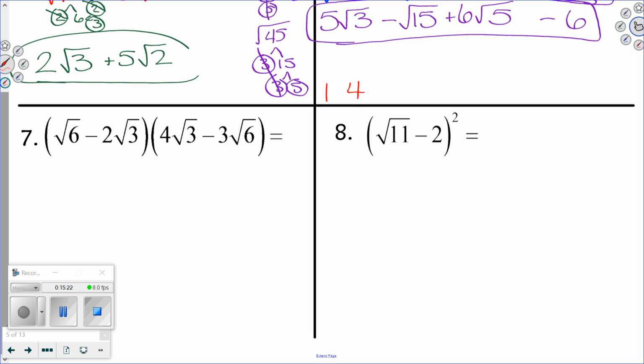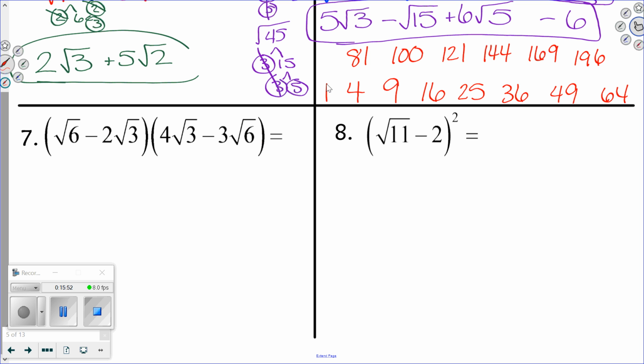It's 4. 3 times 3? 4 times 4? 5 times 5? 6 times 6? 7 times 7? 8 times 8? 9 times 9? 10 times 10? 11 times 11? 12 times 12? 13 times 13? 14 times 14? 15 times 15? 16 times 16?